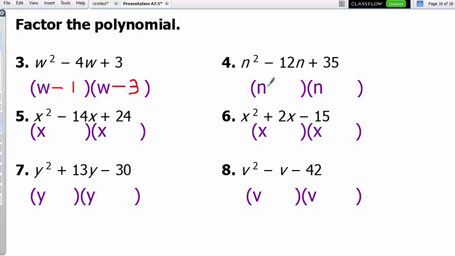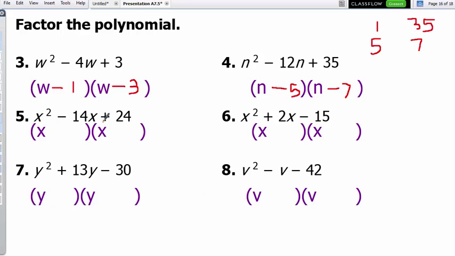Positive, negative, they both have to be negatives. Factors of 35, that's going to be 1 and 35, not 2, not 3, not 4, 5 goes with 7. Since they are both negative, we add these up and we end up with -12. So those are the numbers I place in.